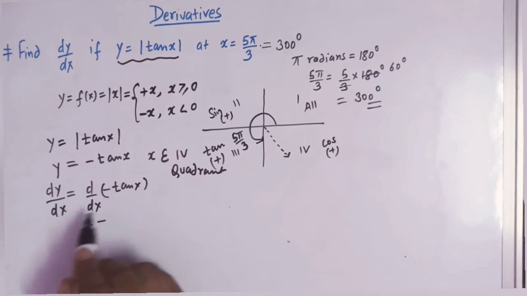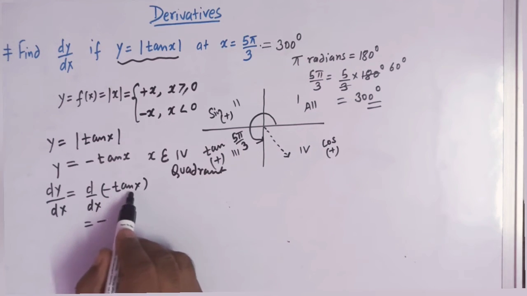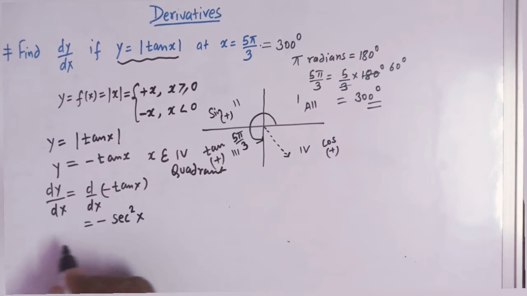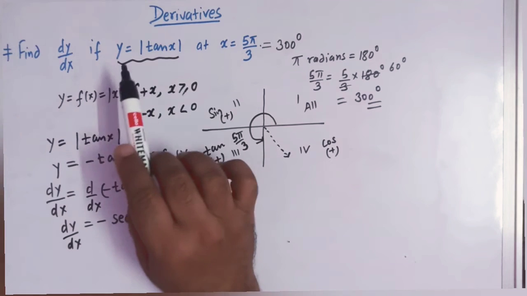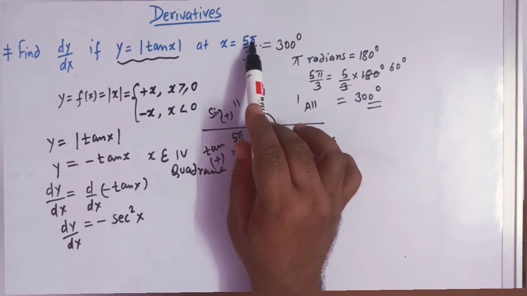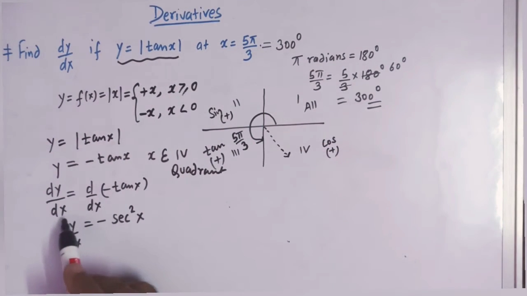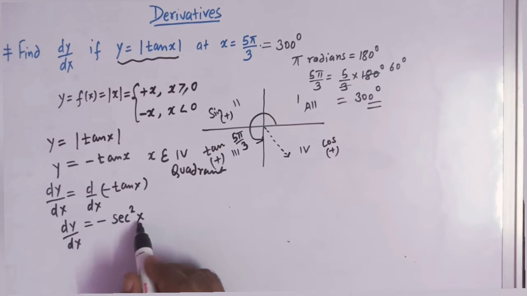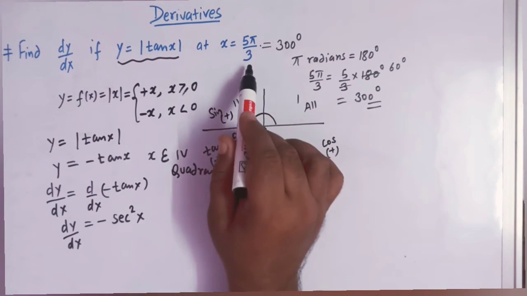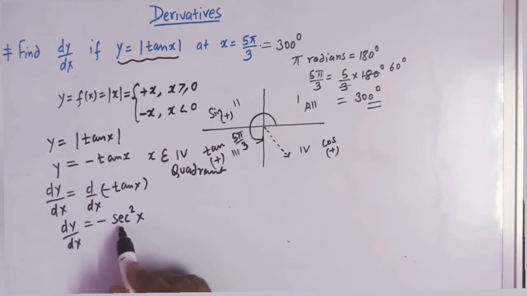We know that the derivative of tan x with respect to x is sec²x. So the derivative at x = 5π/3 can be obtained by substituting x = 5π/3 in sec²x.